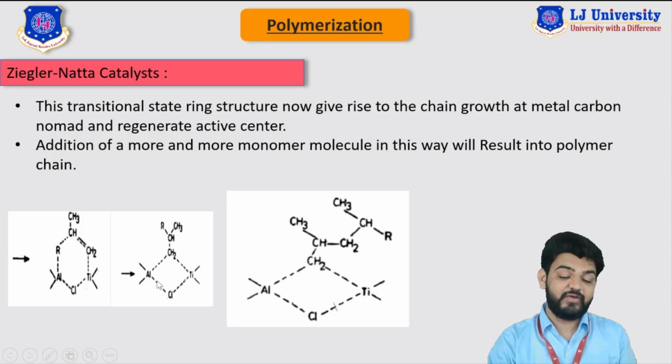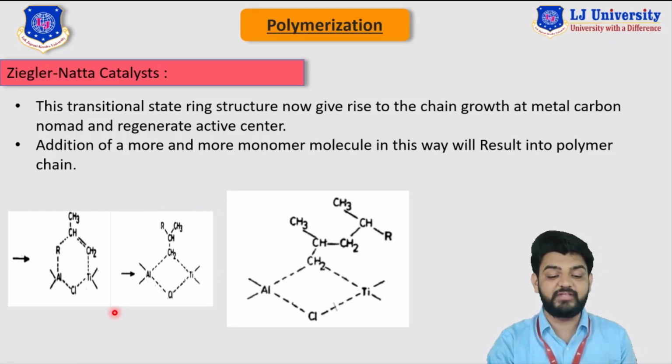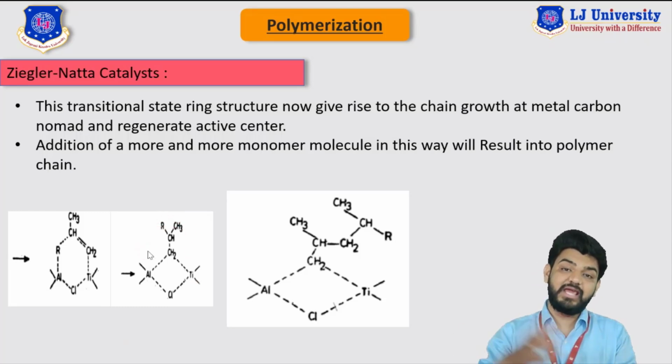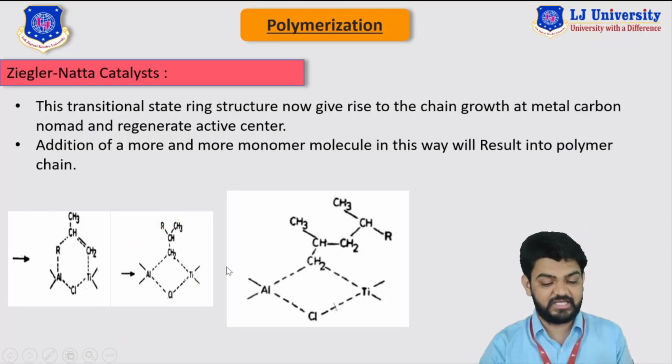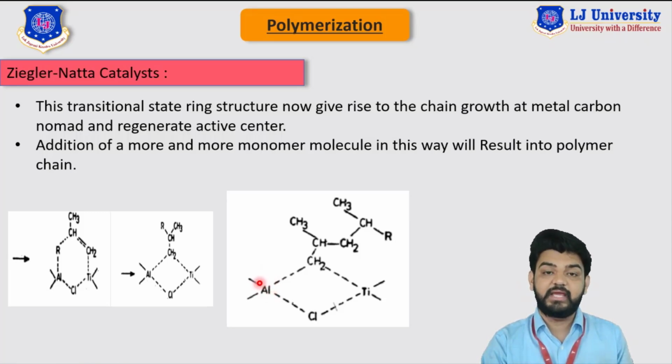After that, when one new monomer comes in contact with this particular compound, it will again be absorbed. You can see here, this is the same compound that we have produced: aluminium, titanium, chlorine, and here we have CH2, now we have CH and here we have CH3.